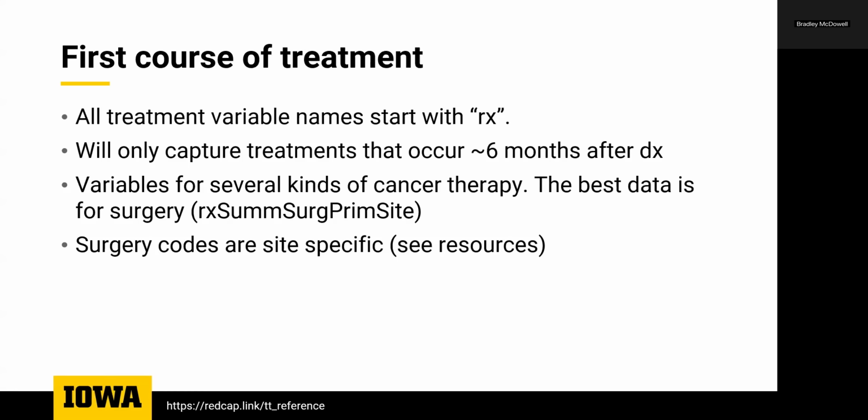That's not a hard and fast cutoff, by the way. It's not like 6 months happen and they don't capture anything after that. Their goal is to capture the first course of treatment. And so, if somebody was treated one way and then there was a second line of treatment, for example, for neuroendocrine tumors, it's very common to get surgery and then they only get chemotherapy later if there's a reason to get chemotherapy.